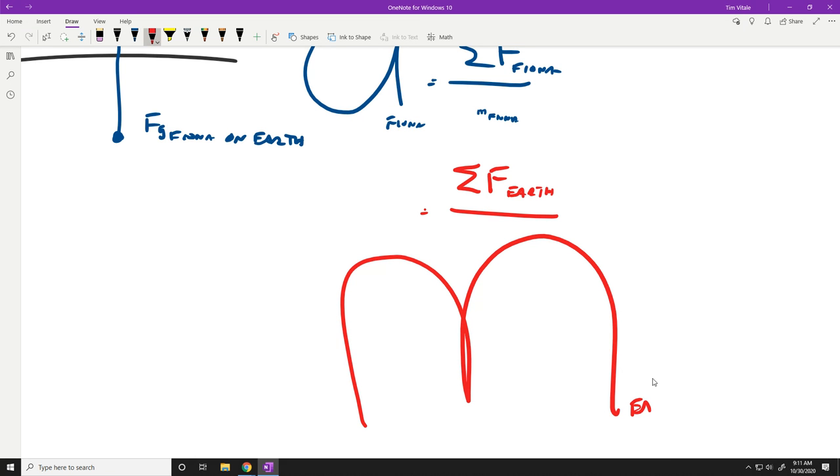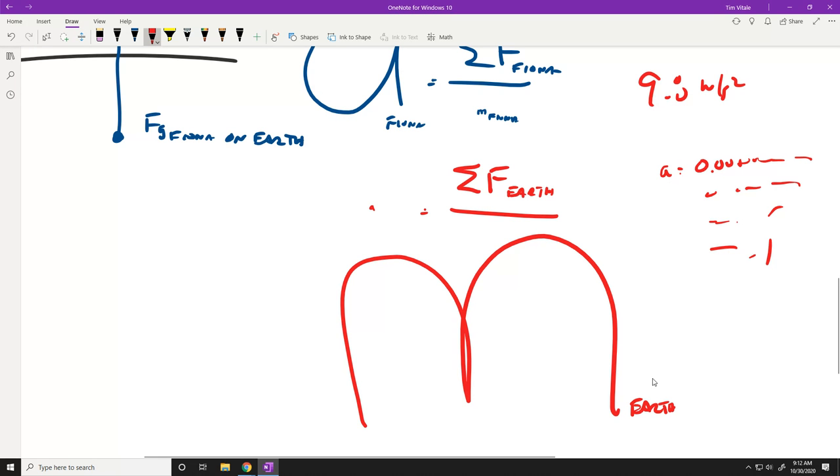Mass of the Earth compared to Fiona. And that's going to give us a little baby acceleration. And that acceleration is going to amount to like 0.000000001, which means that the Earth is not going to accelerate really at all. But Fiona is going to accelerate at 9.8 because she's in free fall.